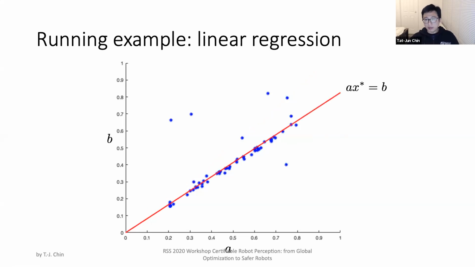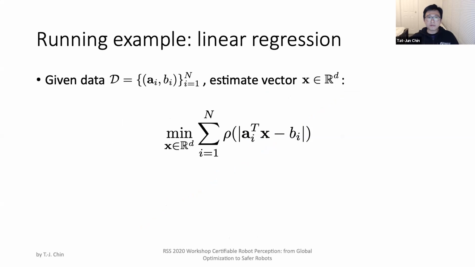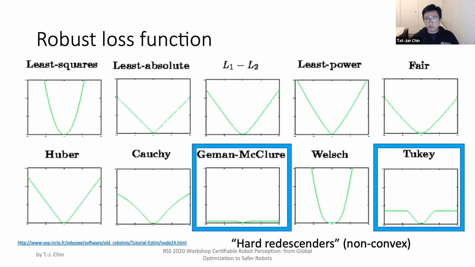Ideally, I want to find that line X star. So in a robust formulation, because as in the previous diagram I have outliers, I want to pass this vertical error through a robust loss function, rho. And here are a few robust loss functions that have been proposed in the statistical literature.